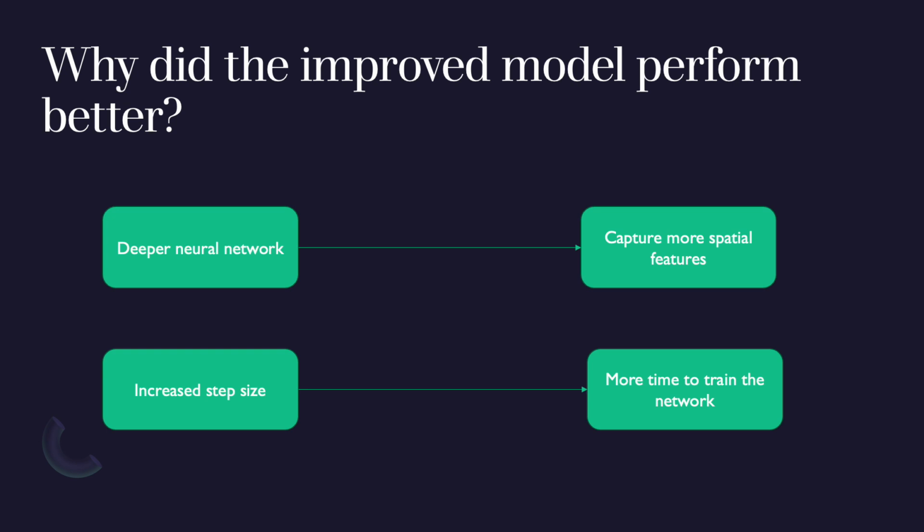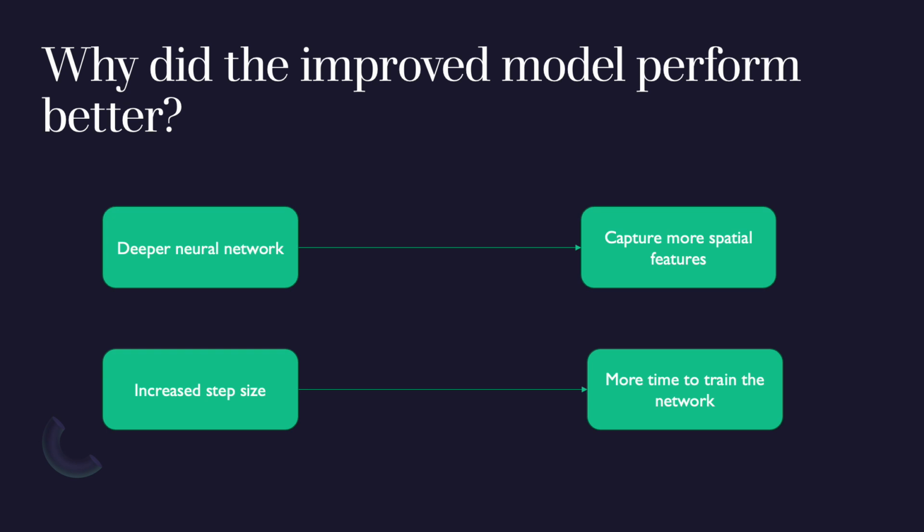Let's break down the key factors contributing to the improved performance. Deeper architecture. By adding another convolutional layer, the model is now capable of learning a richer set of features, which was missing in the baseline model.